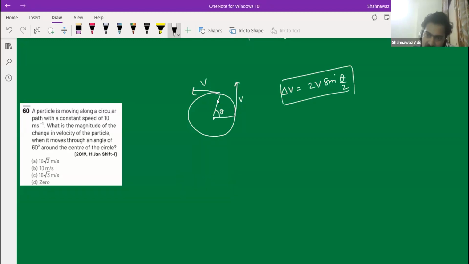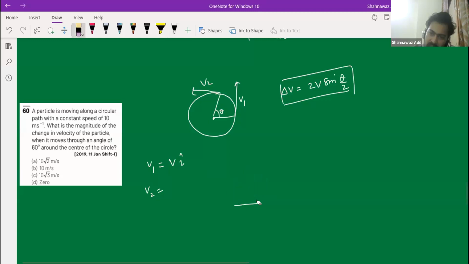So let's say this is V1, this is V2. So V1 is simply V i hat. V2 would be, because it is going in this direction and then this direction, so this will have theta.